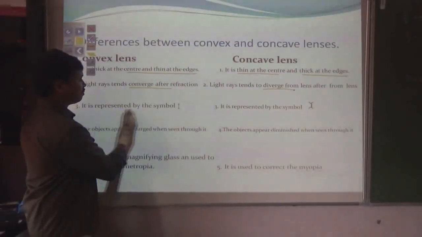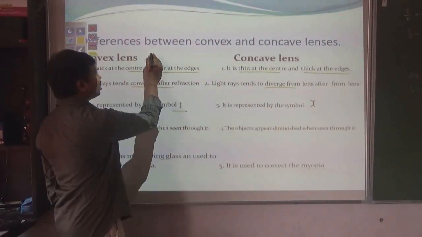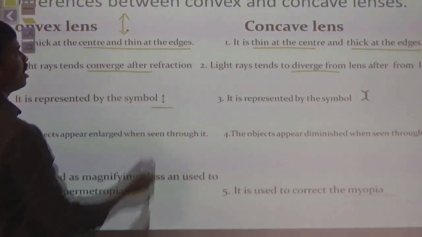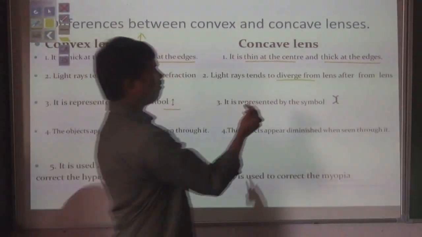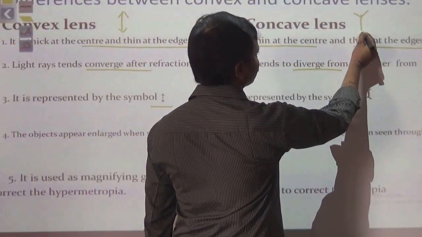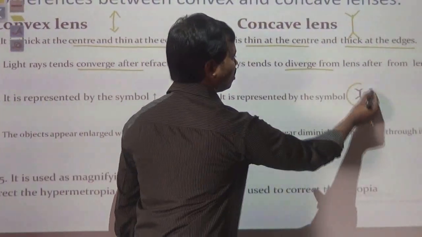And again, the symbol is the most important. A convex lens can be represented as an upward arrow and a downward arrow combined. In the case of a concave lens, this is the symbol, most important.